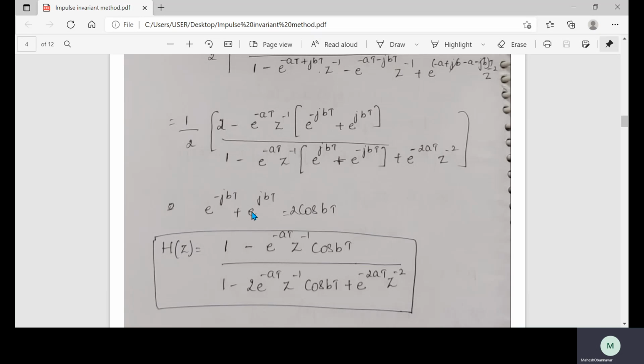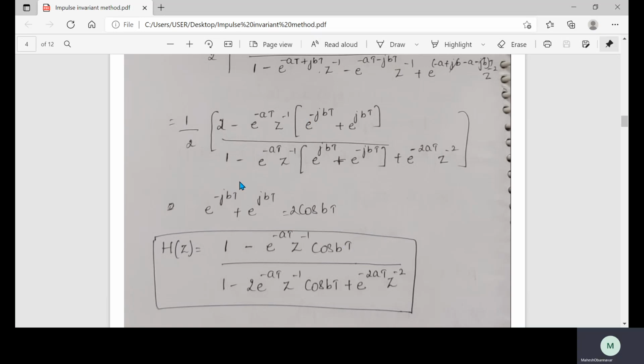So H of z is equal to, this is e to the power of minus j theta plus e to the power of j theta divided by 2, which will be cos theta. So here when you multiply this one, this becomes 1 minus e to the power of minus at z inverse cos bt. Since 2 will come inside, e to the power of minus j theta plus e to the power of j theta divided by 2 is nothing but your cos bt.